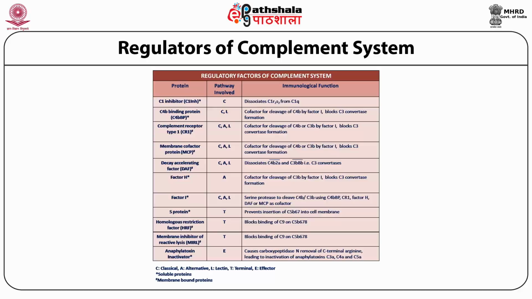The regulatory proteins operate at all cell types and levels including classical, alternative, lectin and terminal pathway, and also at the effector level. Here you can see a list of various proteins, the pathway where they are involved, and the different immunological functions that they carry out.